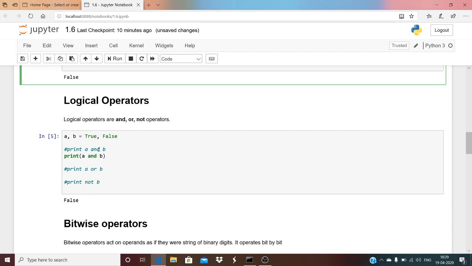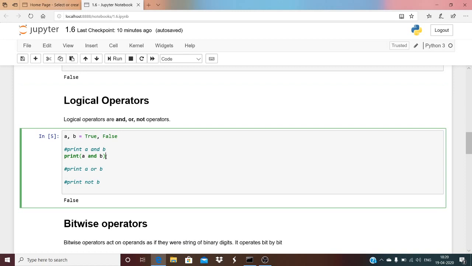Logical operators are and, or, not. Most of you might know it. For those who don't know it, it is just like a truth table. When we use the AND operator and A and B have values 0 and 0, it will give value 0.